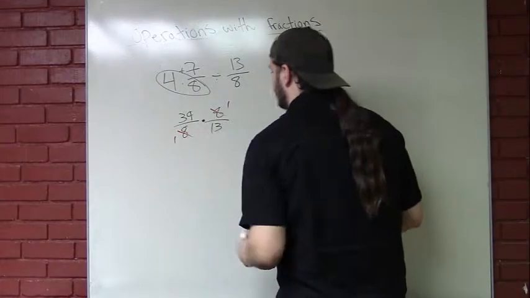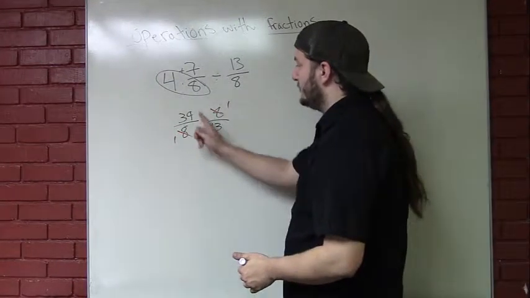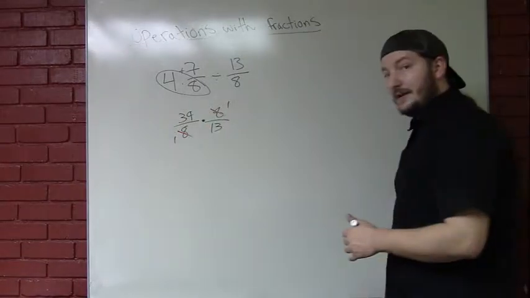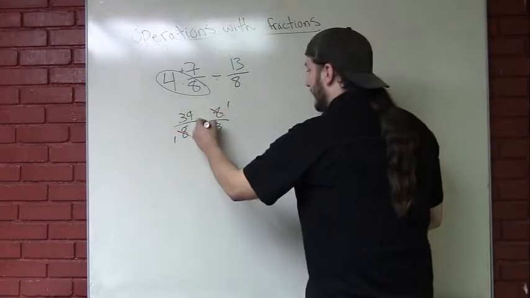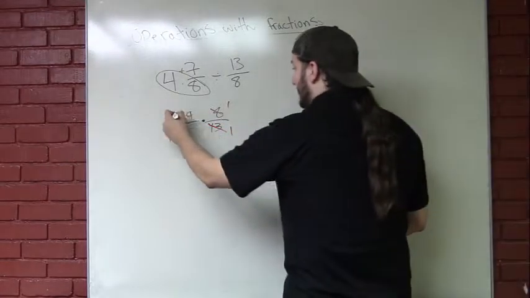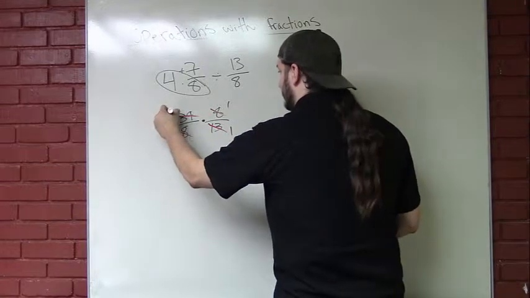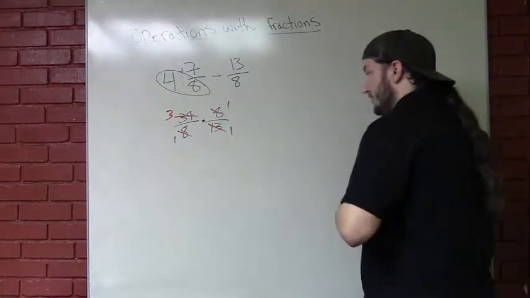Now, these, the 39 and the 13. Is there any number that can go evenly into a 13 and a 39? Well, 13 goes into 13 once, and 13 goes into 39 3 times.